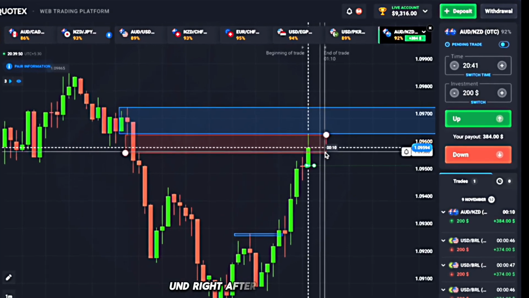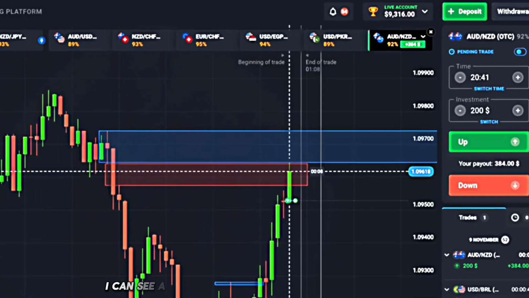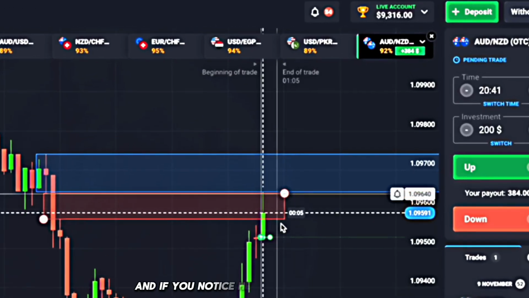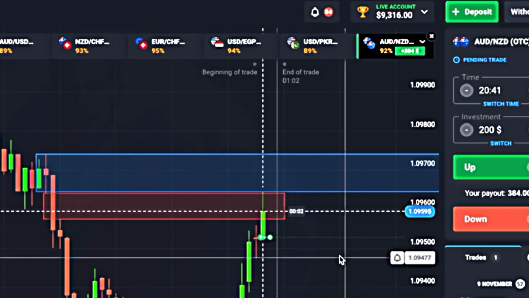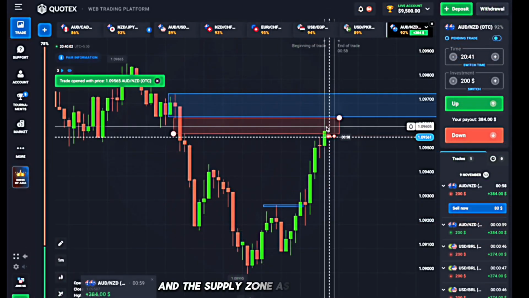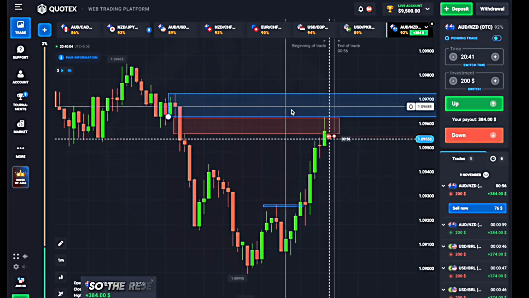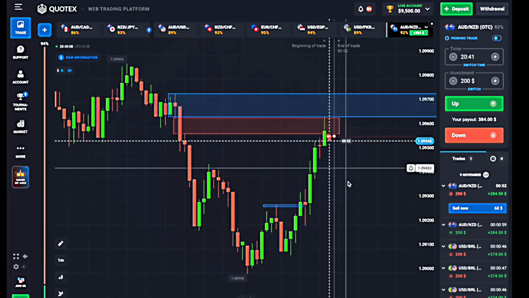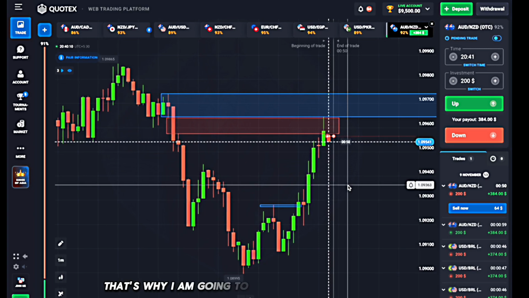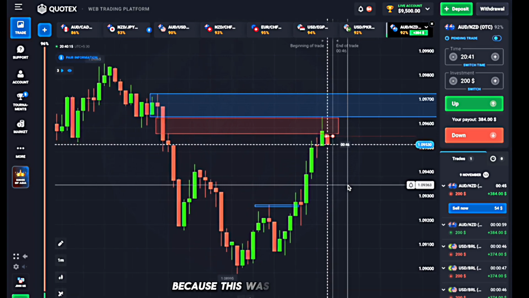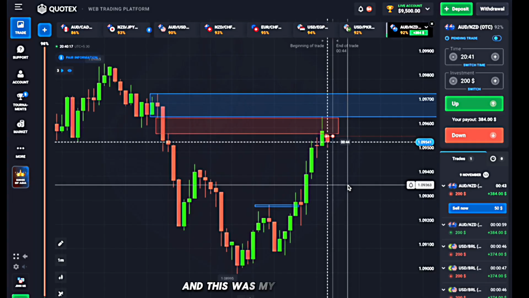And right after this green candle, I can see a rejection going on from our fair value gap. And if you notice here, this wick has both touched our extreme fair value gap and the supply zone as well, correct? So the rejection is coming from both of these extreme zones. That's why I am going to take direct put entry trade, because this was my initial plan and this was my initial setup.